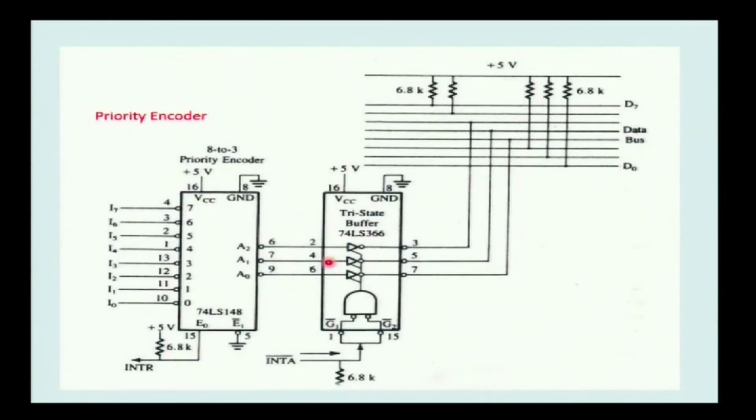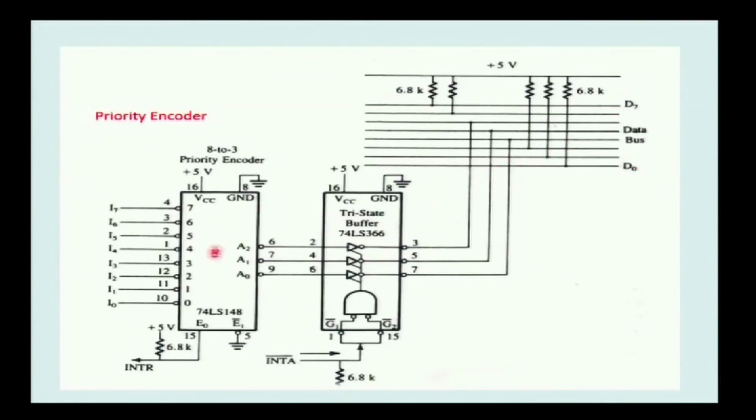So, how will it select the particular interrupt? Suppose 2 and 3 request at the same time. How will it select the particular interrupt to be processed? For that they use the priority encoder. The priority encoder consists of the encoder, buffer and data bus signals.